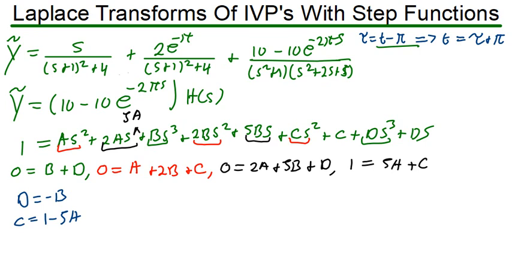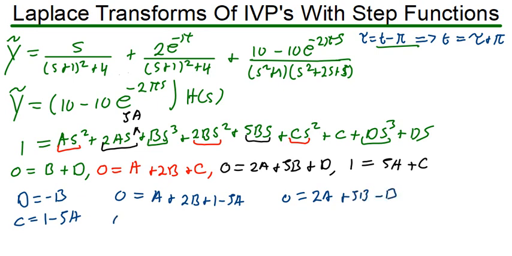Okay, so I'll pick this equation right here. That is going to be 0 is equal to a plus 2b, where there is c I'll put plus 1 minus 5a. Then I also pick this one here, so that would be 0 is equal to 2a plus 5b, where there is d I'll put minus b.